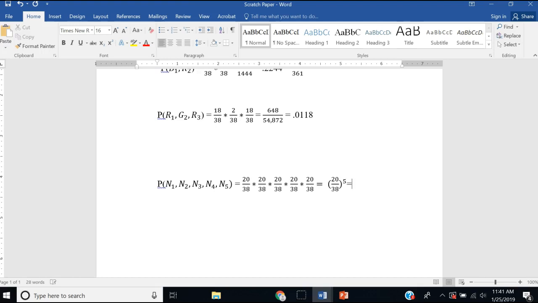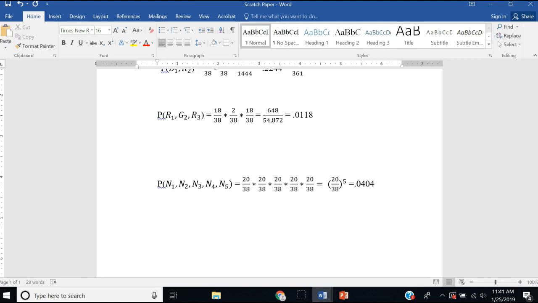Now, what I got as a decimal was 0.0404, and we'd stop there on Moodle. If you wanted to try to make this a fraction, it turns out it's a gigantic fraction. So I'd probably just leave that one as a decimal. 20 over 38 to the 5th power becomes that.